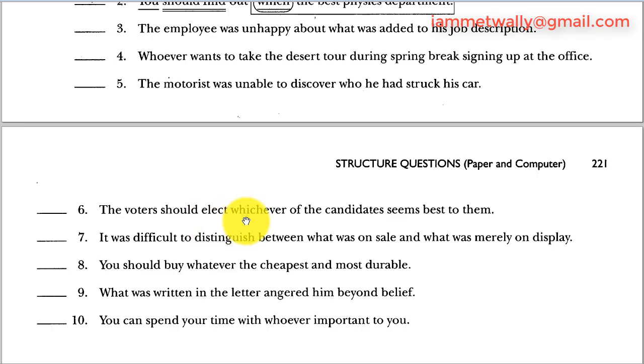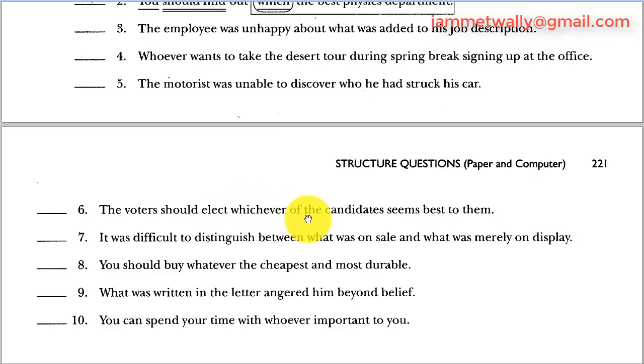Number 6. The voters should elect whichever of the candidates seems best to them. The voters is the subject, should elect is the verb, whichever is a connector, together with of the candidates working as the subject of the verb seems, and whichever seems is the object of the verb elect.